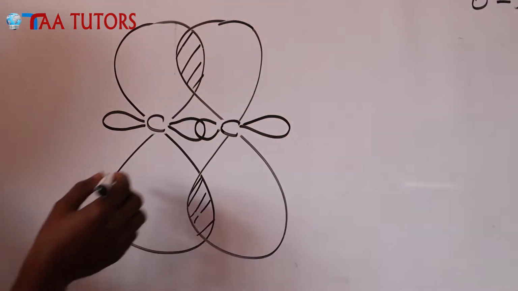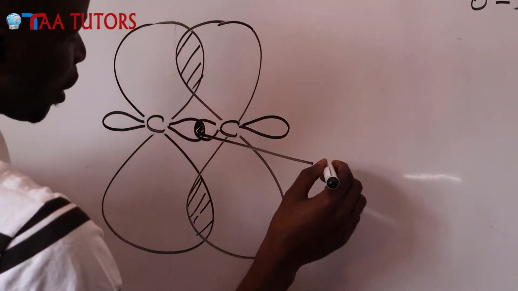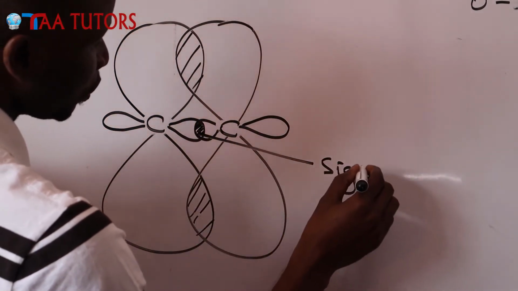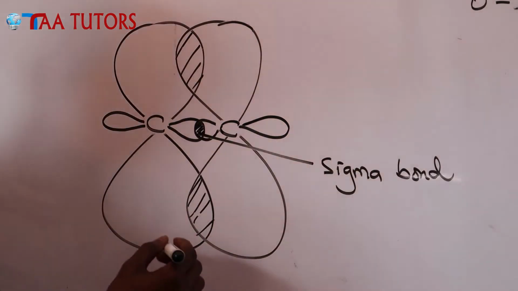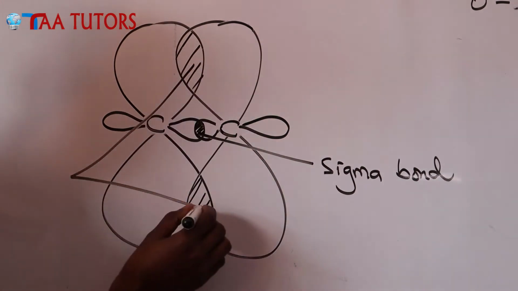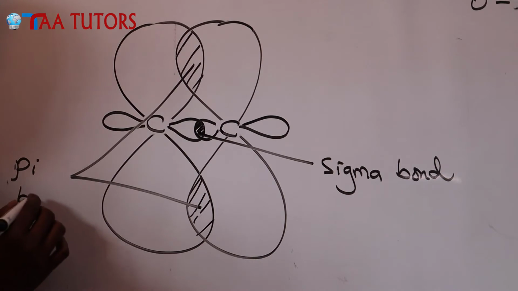So you realize that here we have a sigma bond. And here, both this part and this part, we have the pi bond.